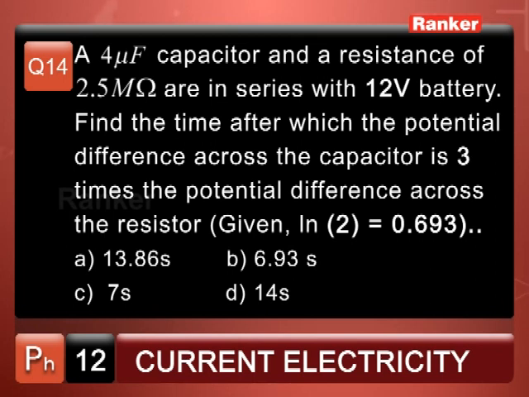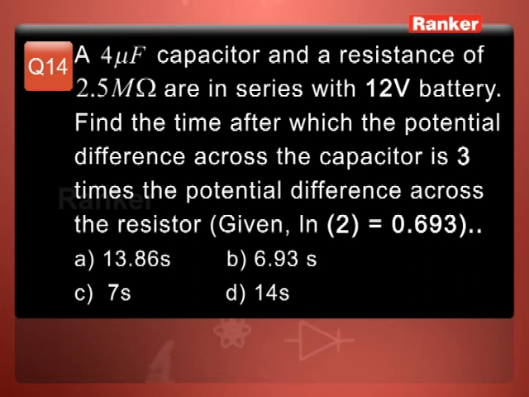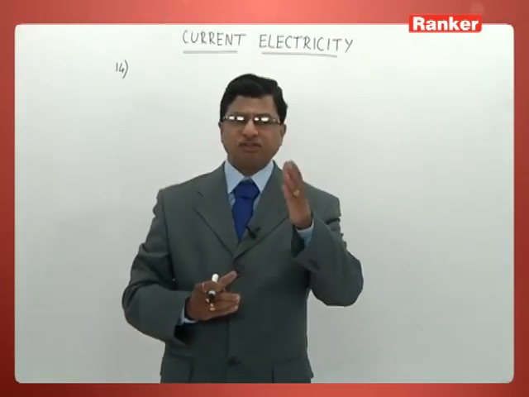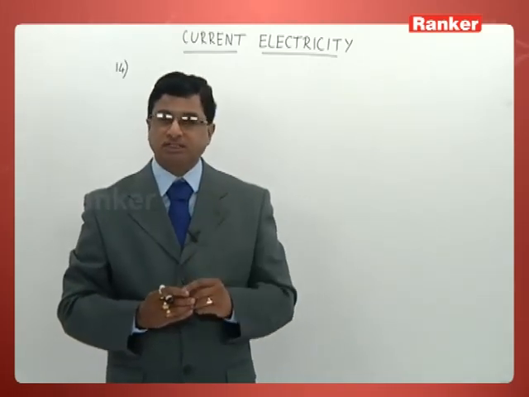And of course he has given one value also, log 2 to the base e, that is 0.693. What are the options provided to us? First option is 13.86 seconds. Second option is 6.93 seconds. Third option is 7 seconds. And fourth option is 14 seconds. In reality, the first option is the correct option for us as far as this problem is concerned.